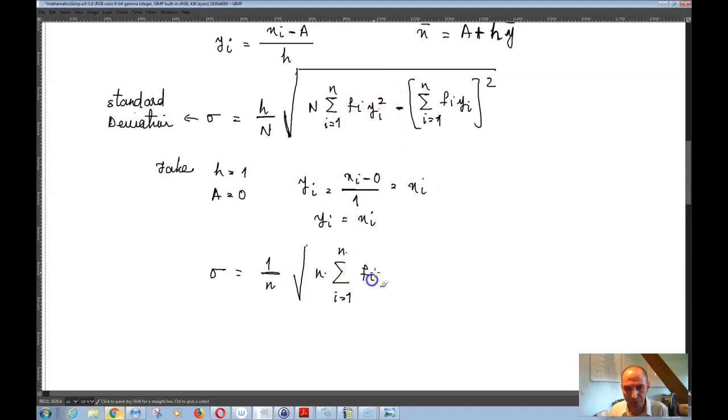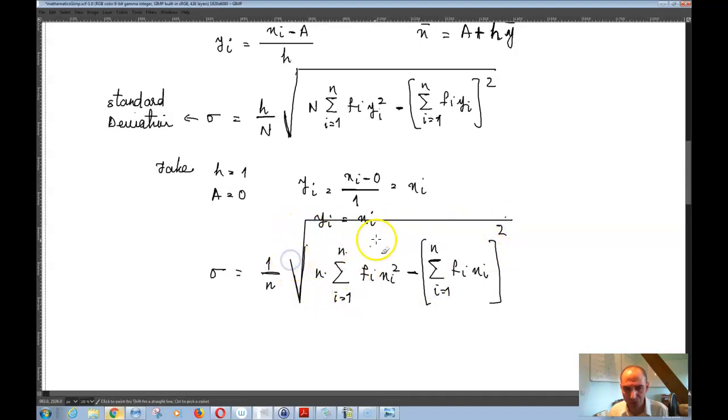So this is f of I x of I squared minus sigma of f of I x of I as I goes from 1 to n, whole squared, and take the square root of this.